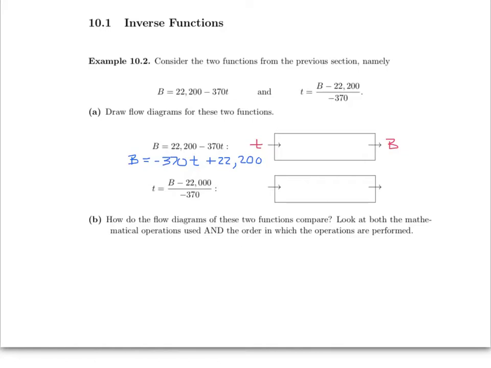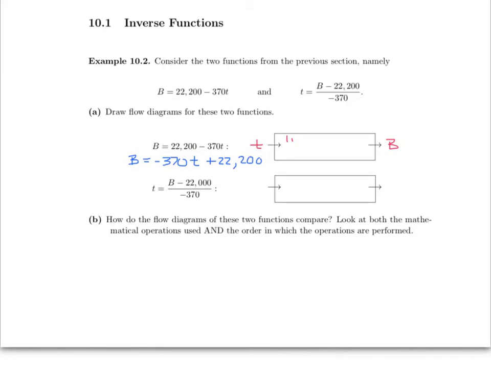Well, what happens to t first? When we input t into this function, what happens to t? Well, the very first thing that happens to t is it gets multiplied by a negative 370. After that's been accomplished, the result is added to 22,200.